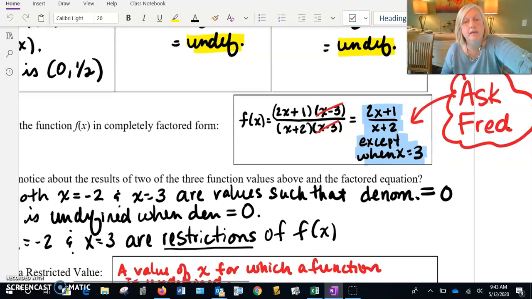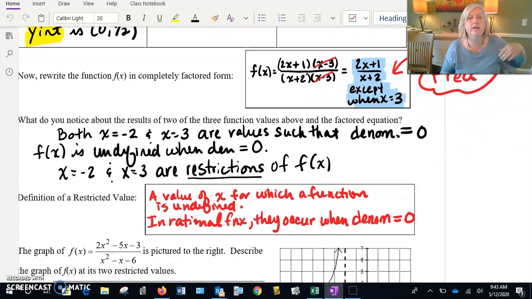And also down here, the 2 values, -2 and 3, are values such that the denominator was equal to 0. And since division by 0 is undefined, the function f of x would be undefined when the denominator is equal to 0. We call these restrictions of f of x.